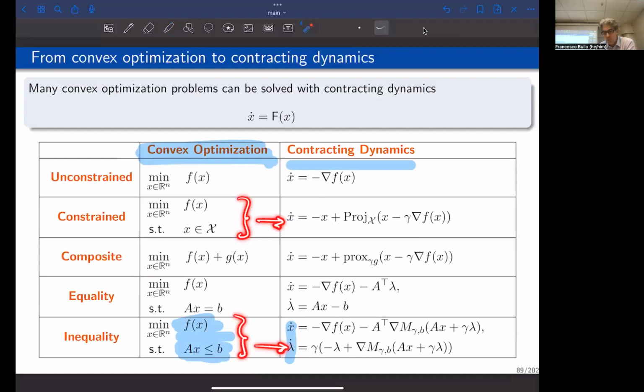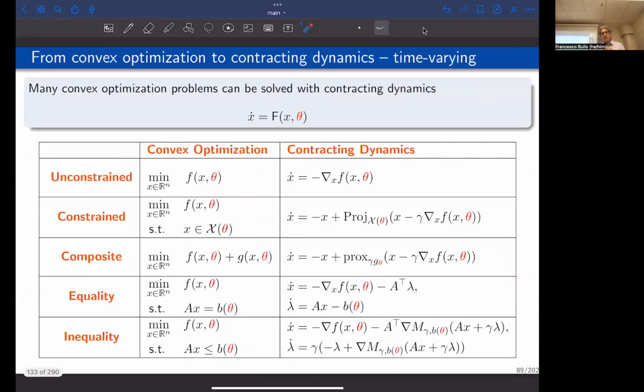So depending upon which of these algorithms is faster, whether you can compute the projection in closed form, and so on and so forth. The choice of which dynamical system to use, I'm not going to talk about, but it's a widely studied subject. The point that I'm interested in is not just a static optimization problem.